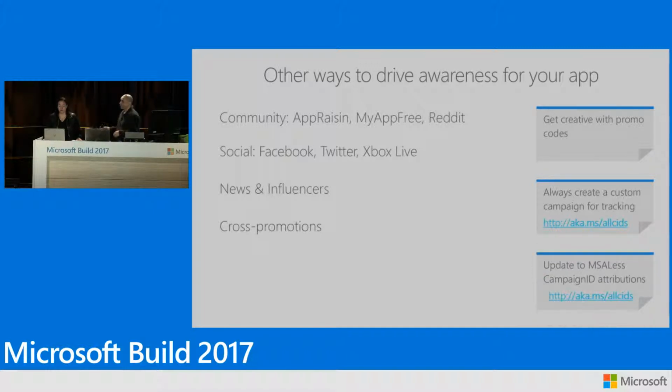And then for those of you who have been using campaigns already, I do have a small update on the change that we made in the Windows Store last September. With campaigns, the Dev Center automatically tracks the campaign, and then there's also a client-side API that we call Campaign ID, where you can go in and retrieve the campaign that you were launched with.